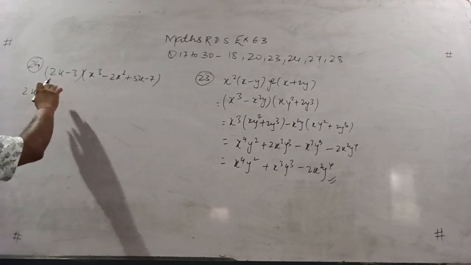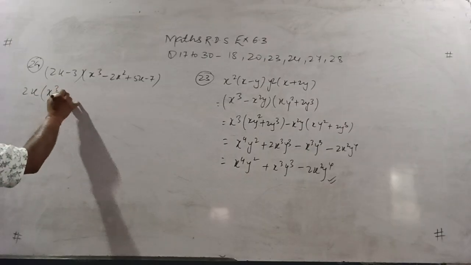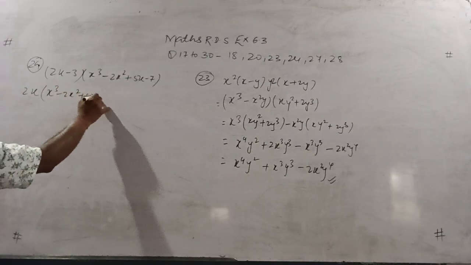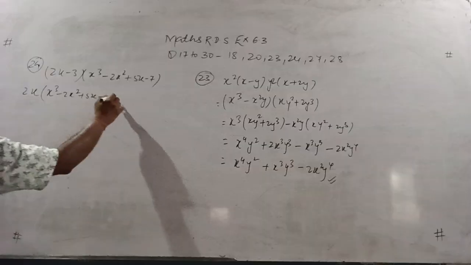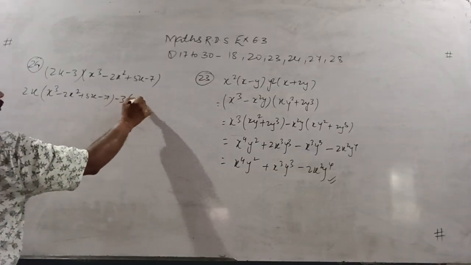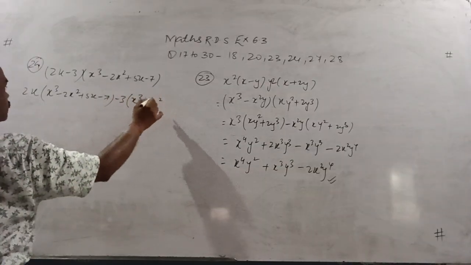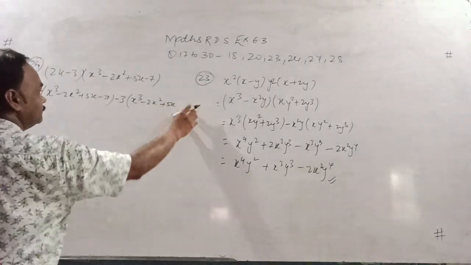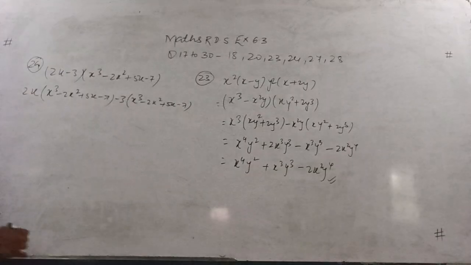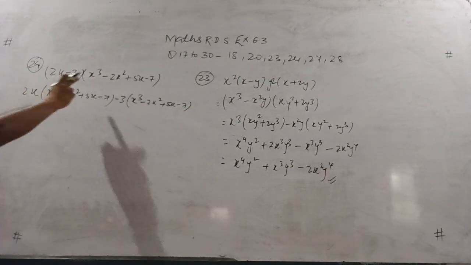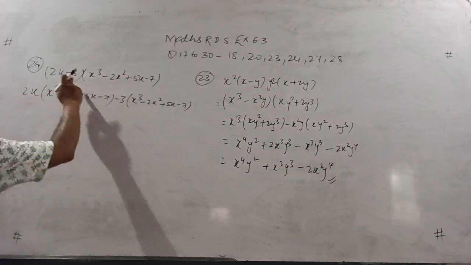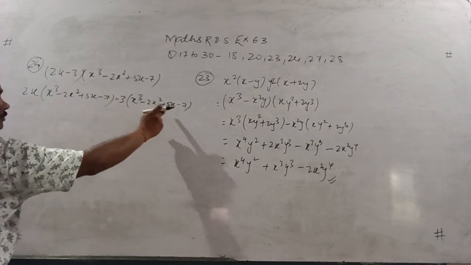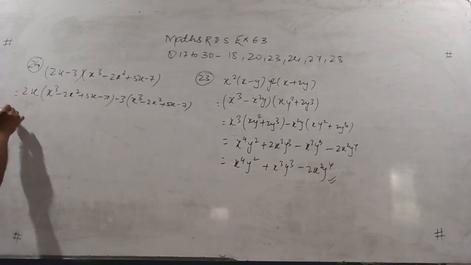So let's multiply 2x by (x cube minus 2x square plus 5x minus 7) and minus 3 by (x cube minus 2x square plus 5x minus 7).